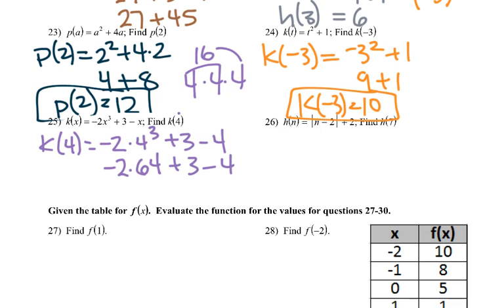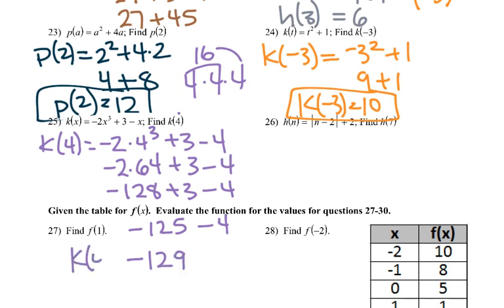Now multiplication, negative 2 times 64 is negative 128, plus 3 gives negative 131, minus, oops, wrong way. Don't make a silly mistake like that. Negative 128 plus 3 would be negative 125, minus 4 should take it to negative 129. So k of 4 would equal negative 129.